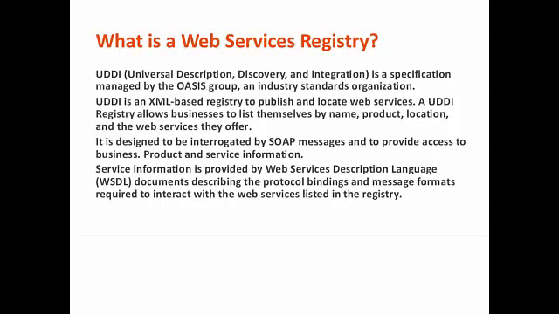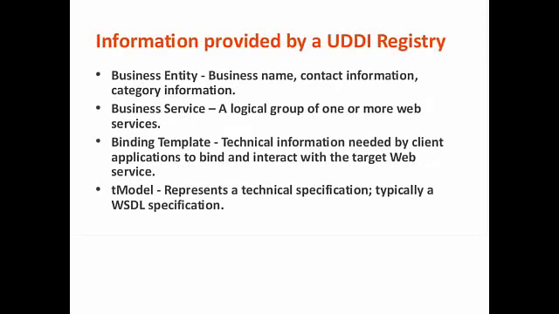There's yellow pages, that's the classifications I mentioned. And green pages are the binding information, the WSDL and the endpoint URLs. It's actually 4 different things, but it's broken down into white, yellow, and green pages. And the tModel is the binding. That's the thing that we're most concerned with.